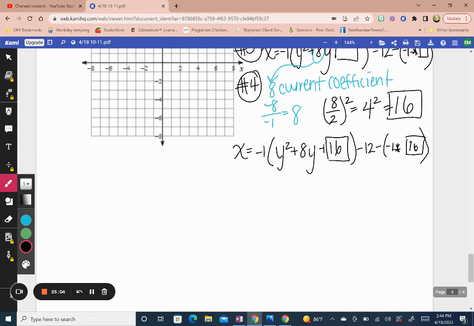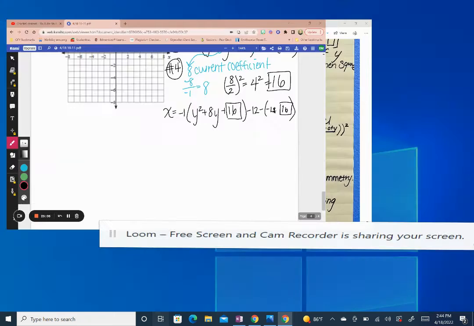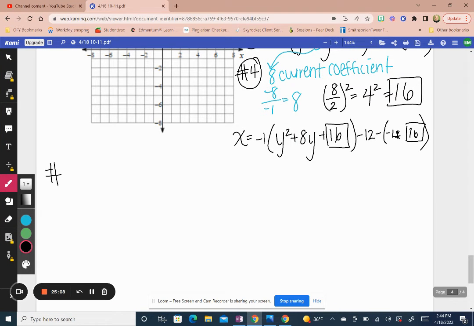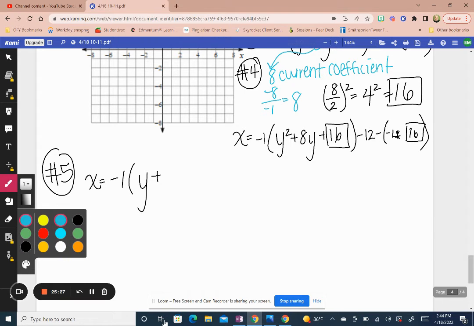So this is step number 5. Okay, so it's going to be x equals, keep our negative a at the top, so y, and then it's going to be plus or minus, which it's going to be plus because we have a positive coefficient. So our current coefficient is 8, current coefficient.